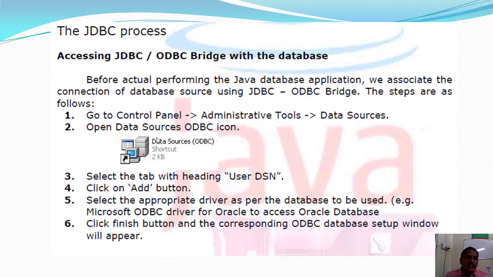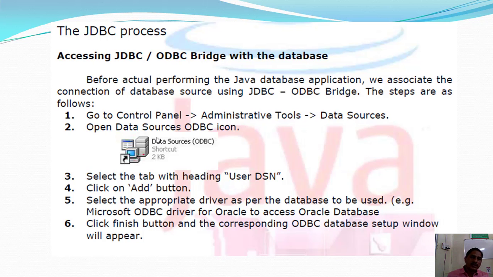Fourth step, click on the add button. Fifth step, select the appropriate driver as per the database to be used. For example, the Microsoft ODBC driver for Oracle to access an Oracle database. Sixth step, click the finish button and the corresponding ODBC database setup window will appear.